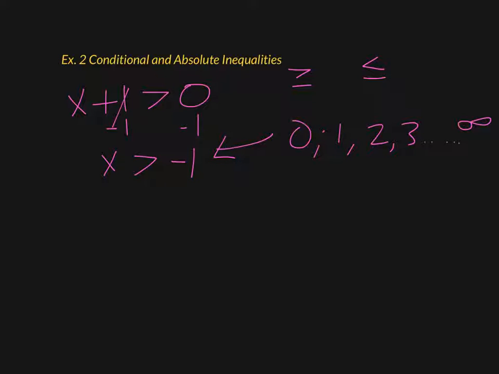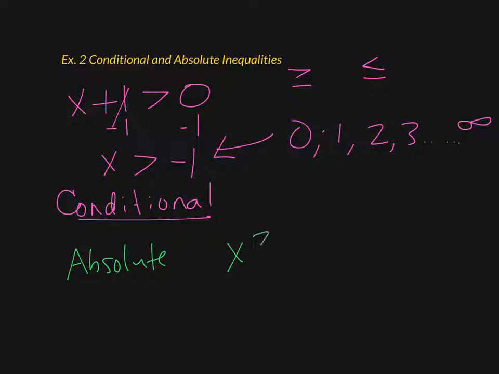So this is what we call a conditional inequality, because it only makes the statement true for values of x that are greater than negative 1. But an absolute inequality would be something like x squared plus 1 is greater than 0.